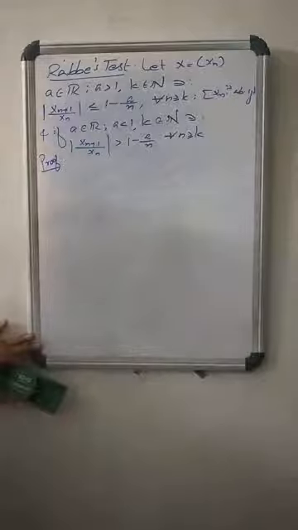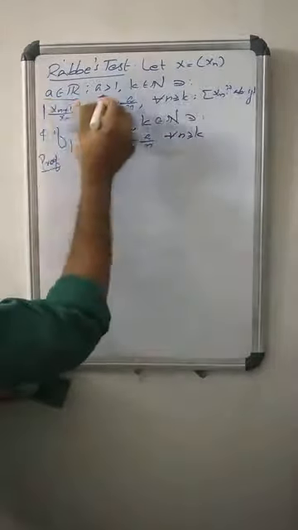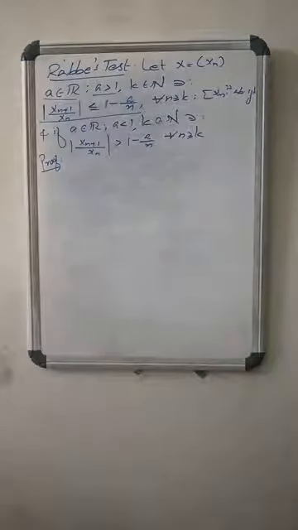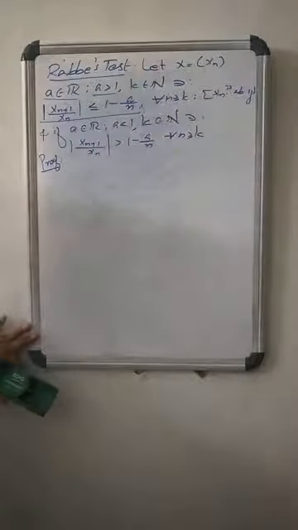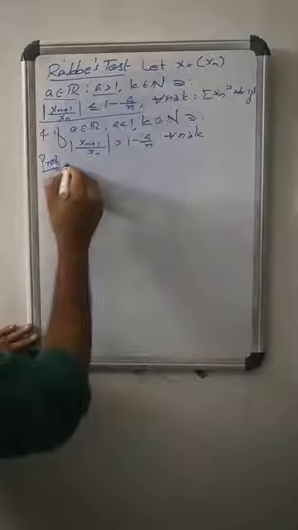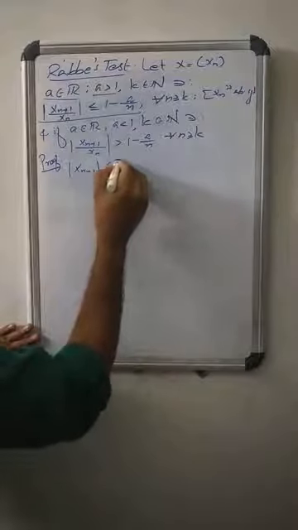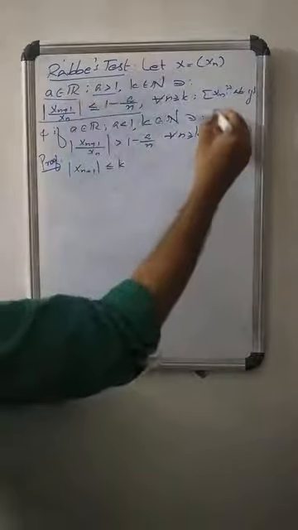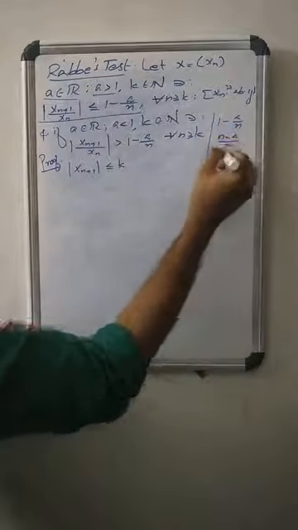first consider if this holds: a is a real number, a greater than 1, and modulus of xn plus 1 by xn less than or equals 1 minus a by n for all n greater than or equals k, k a natural number. If it holds, what happens? So we have modulus of xn plus 1 less than or equals, what is 1 minus a by n? 1 minus a by n means n minus a by n.